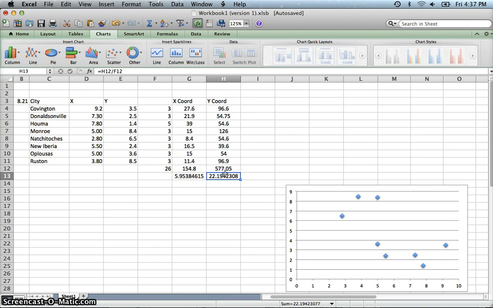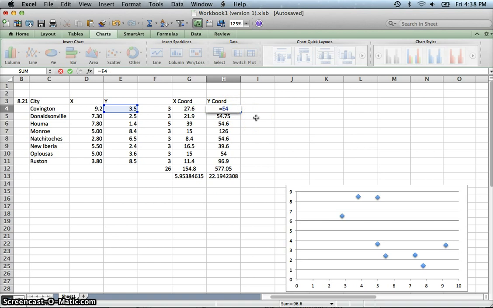And we get, oh, what did we do wrong here? Here's a good example of something that doesn't make sense: 22. So let's go back and make sure we double check the y times, oh, there's the mistake.